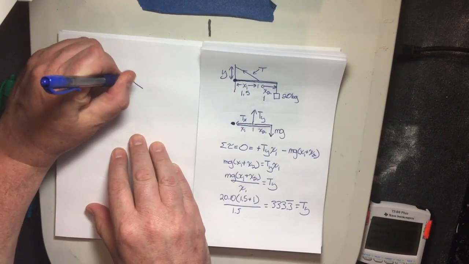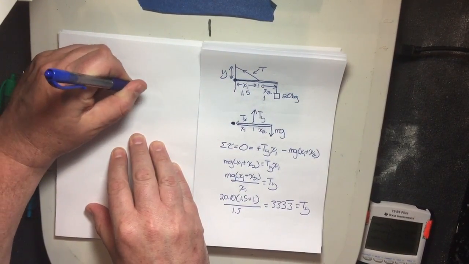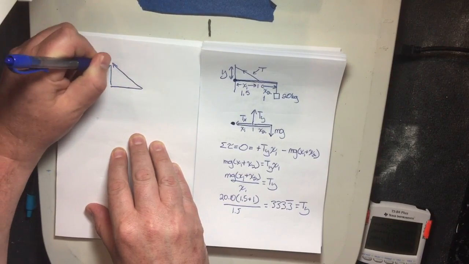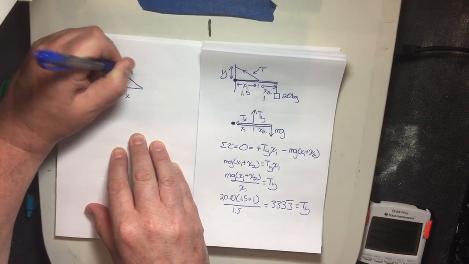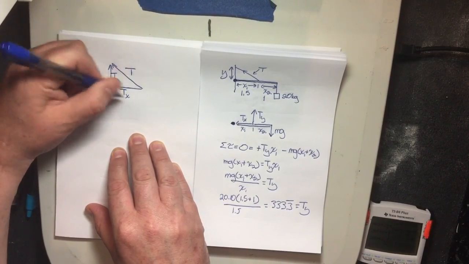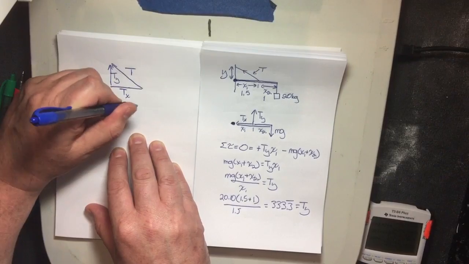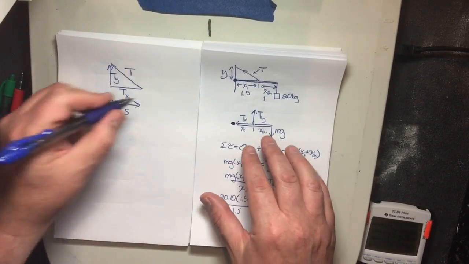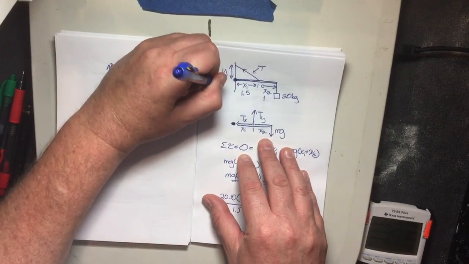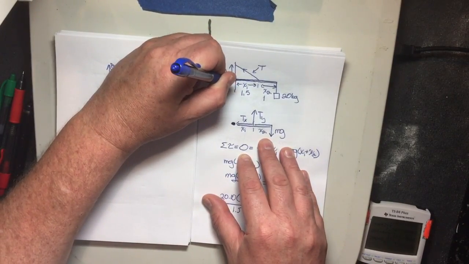That tension is of a ratio. This distance is 1.5. I never gave y, but let's say y is 0.75.